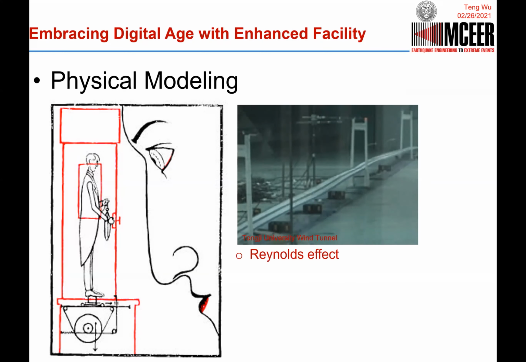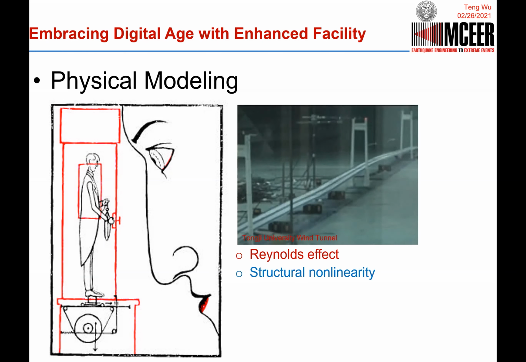In addition, there are Reynolds number effects, which are very common in this kind of test because of the scaling issue. But some people think it's not that important for civil engineering because the structures usually have bluff sections. We still have several other issues we need to address.